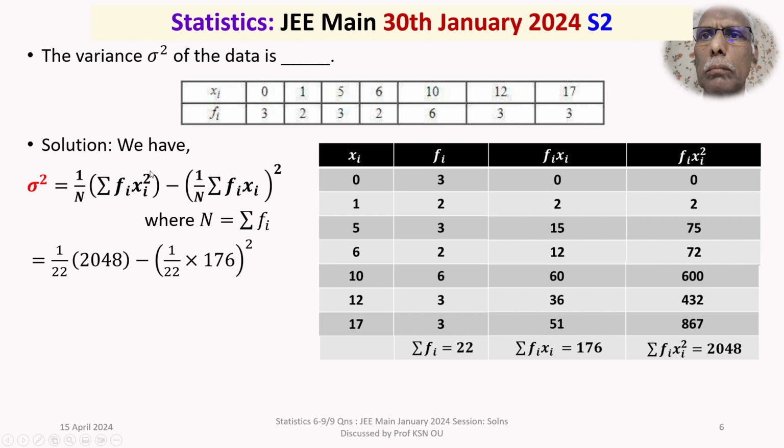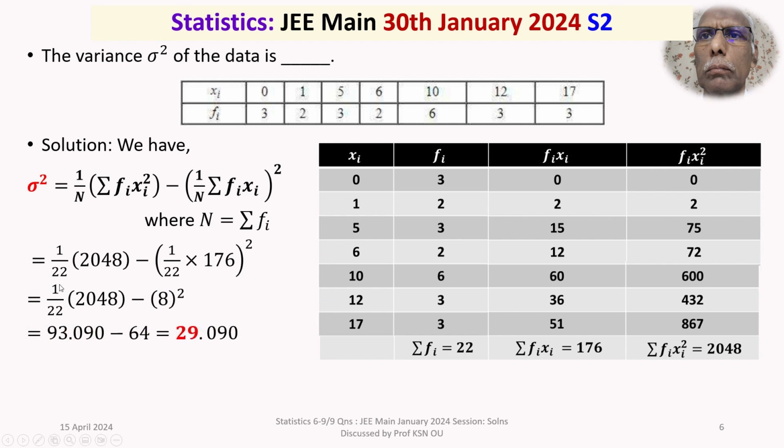So 1 by 22 times sigma Fi Xi square, that is 2048, minus the square of 1 by 22 into sigma Fi Xi, which is 176, whole square. So now this is equal to 1 by 22 multiplied by 2048, and 176 by 22 is 8. 8 square is 64.